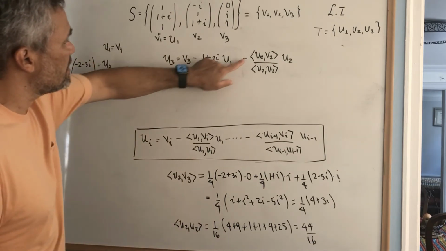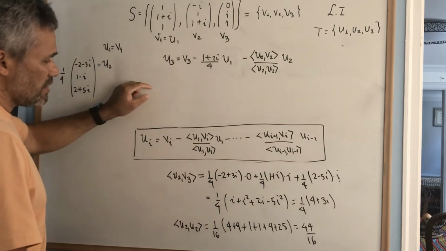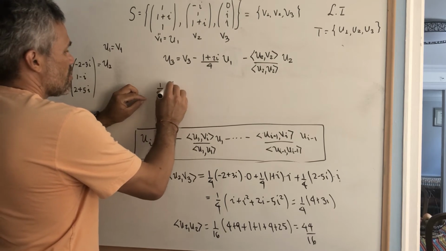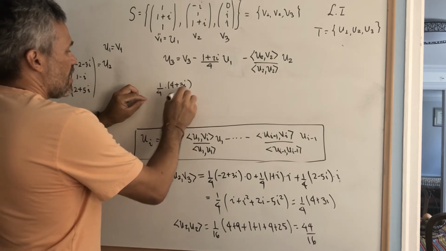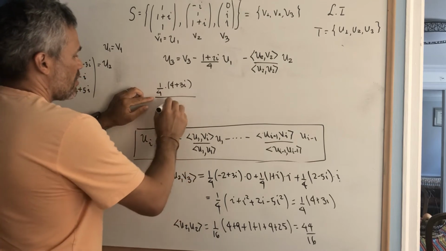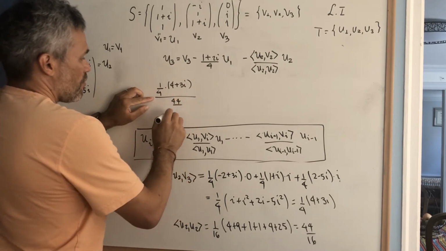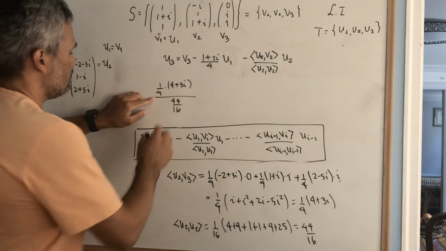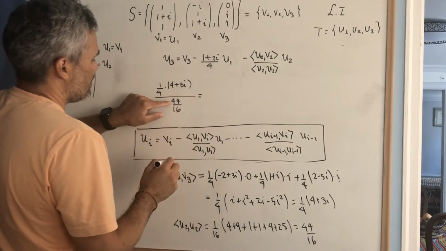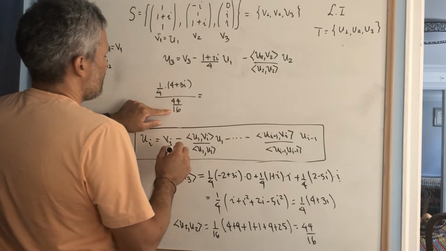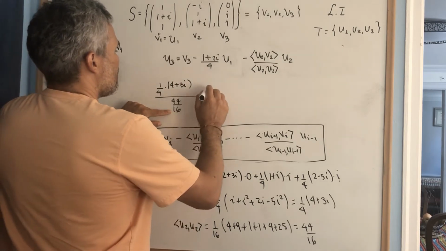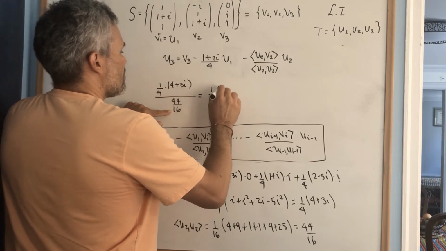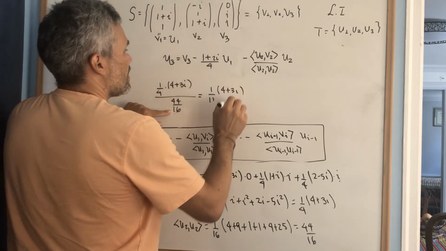That means that this factor here is just 1/4 times 4 plus 3i over 44 over 16. This is 11. This is 11 over 4, and then I have 1 over 11 times 4 plus 3i.